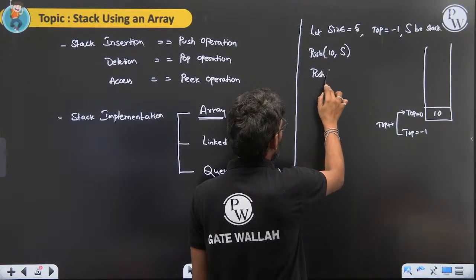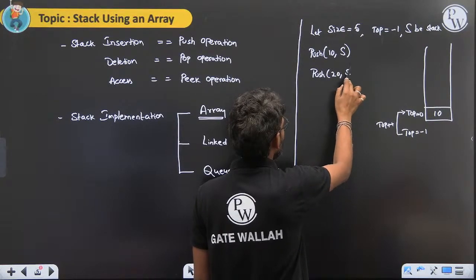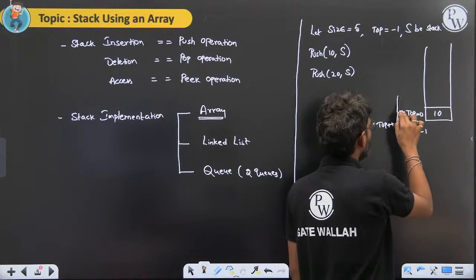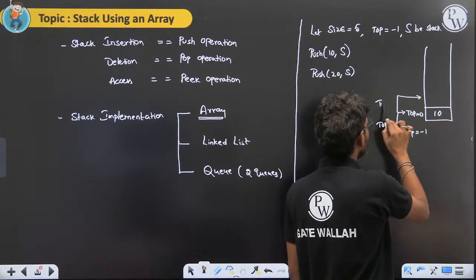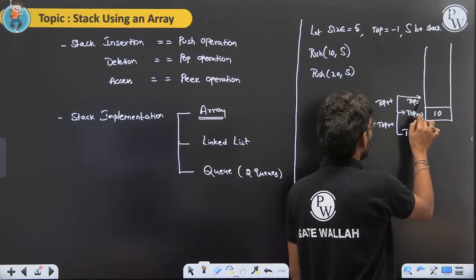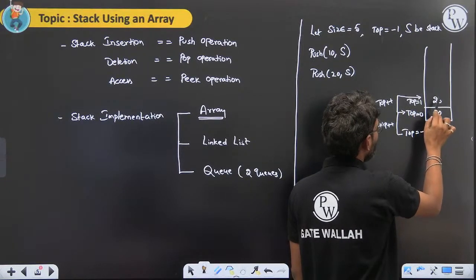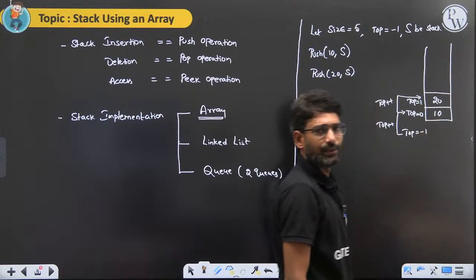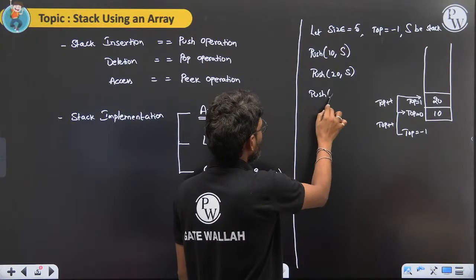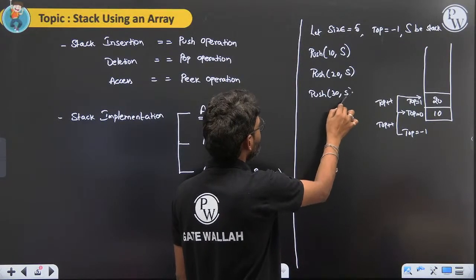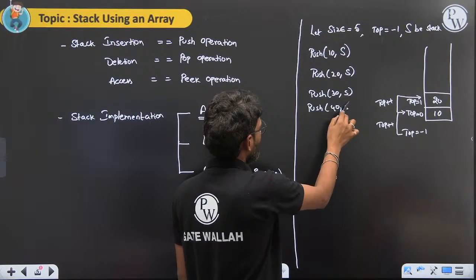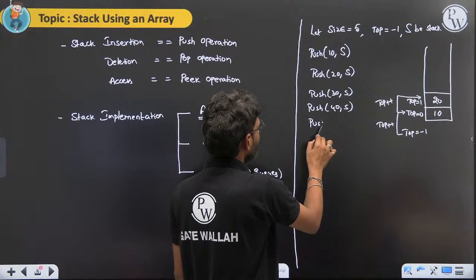Similarly, if I want to push 20, again top is incremented. So top becomes 1. S of top will be the value. In this manner, let's say I have pushed 5 elements, 30, 40 and 50.